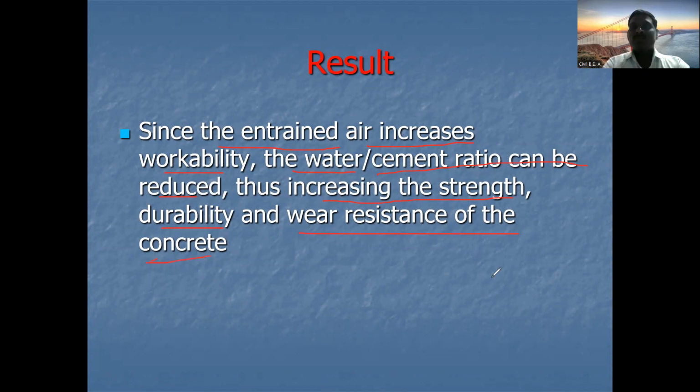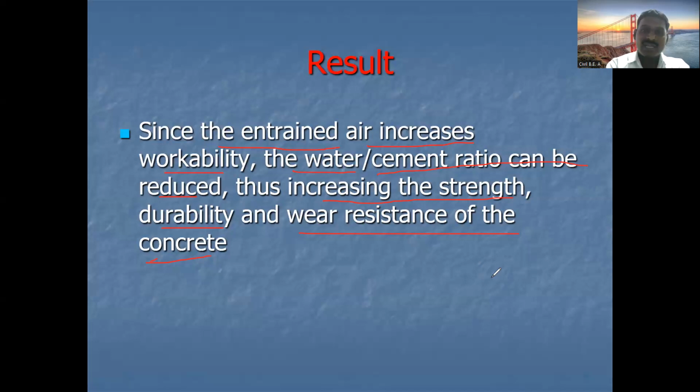So the bubbles are acting as a lubricant, and the lubricant plays an important role and resists the wear of the concrete aggregates, cement paste and fine aggregates also. That wear resistance is there, and if we add this particular admixture, we can increase the strength and durability also.